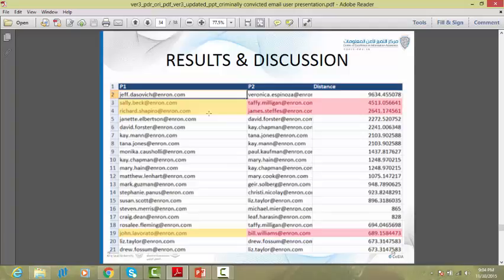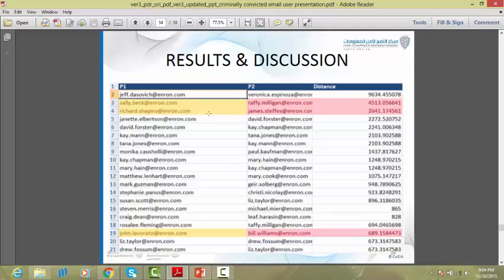Here we can say that in yellow, these three were the criminals found, fraudulent found, with Silly, Richard, and at the 19th position, John. These three were the criminals out of the total 6 criminals.